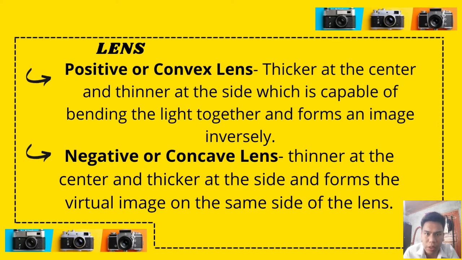And negative lens, the focal point of the lens is placed on the same side kung saan nakalagay yung object. Yun yung pinagkaiba ng dalawa.